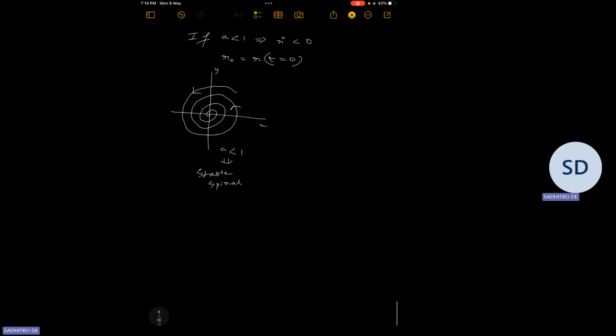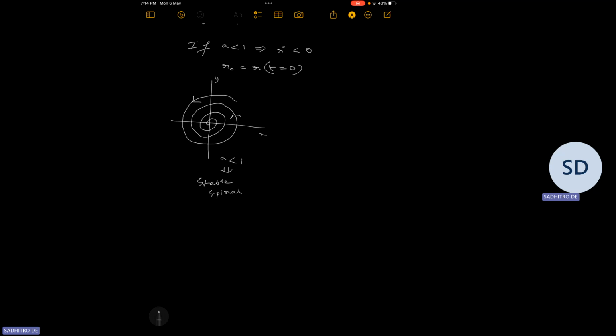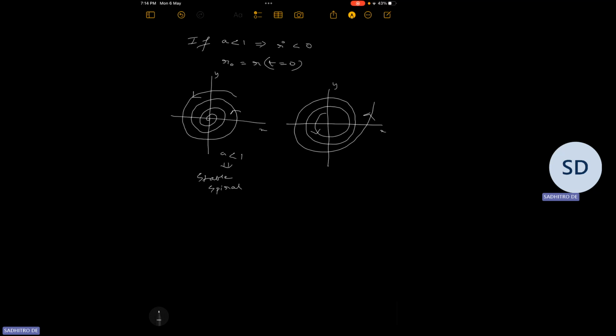Similarly, when a is greater than 0, then the value of r continues to grow indefinitely. So if you start from here, then basically you will spiral further and further away from the origin. So this is for a greater than 0.